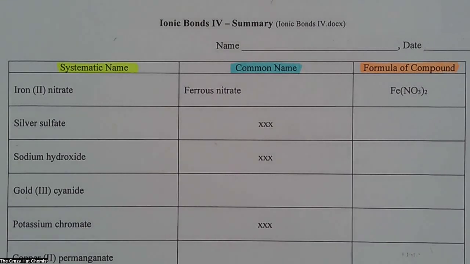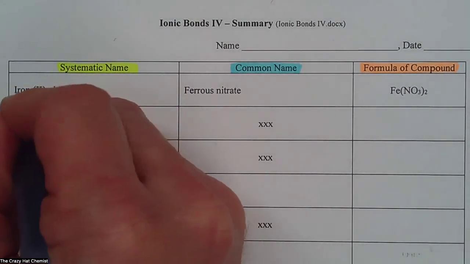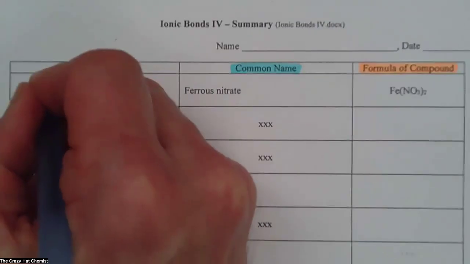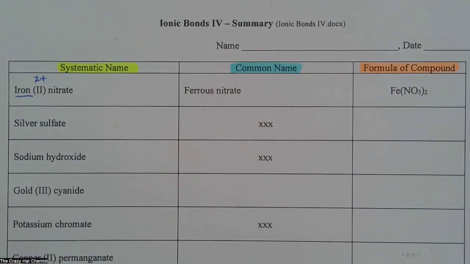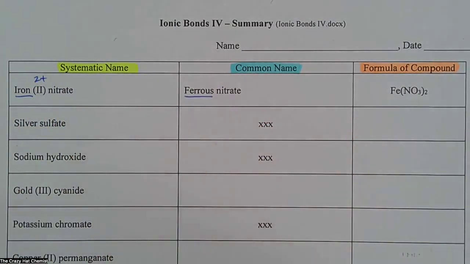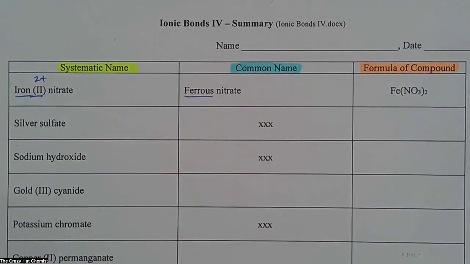All right, so with a Roman numeral 2, that lets you know that the iron, which is the cation, has a 2 plus charge. And iron and ferrous go together. So iron Roman numeral 2 and ferrous, they go together.